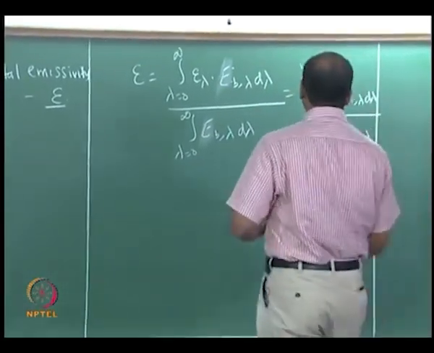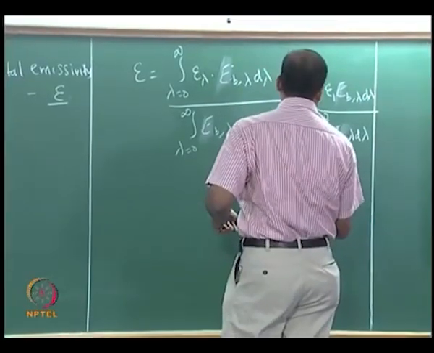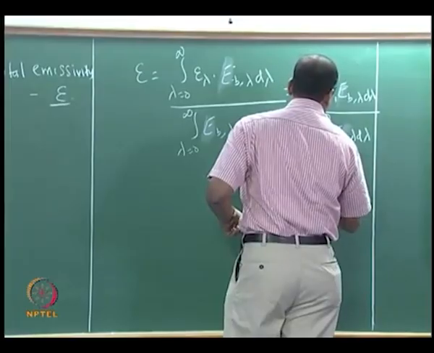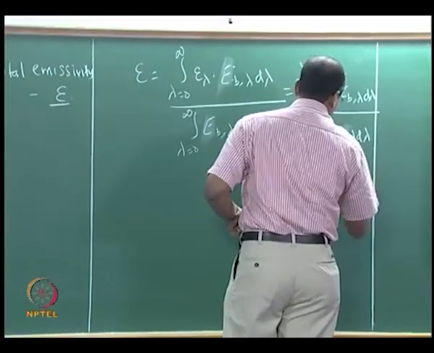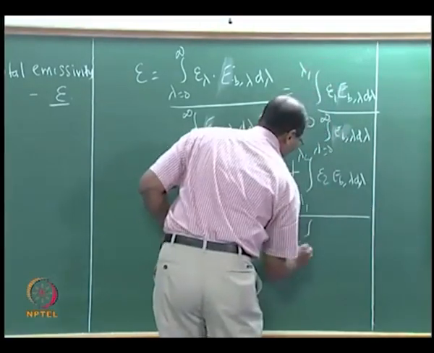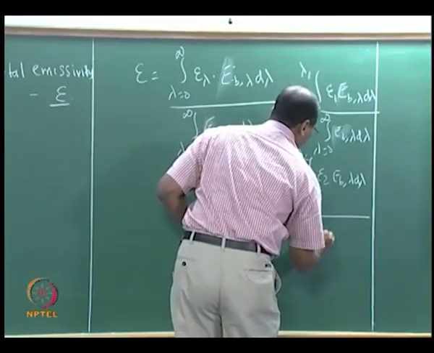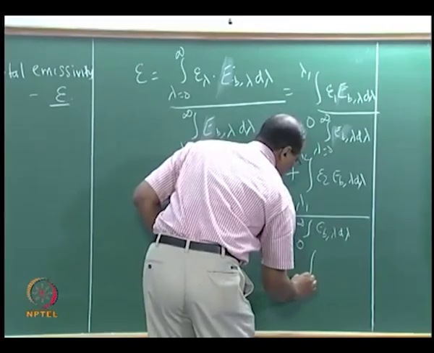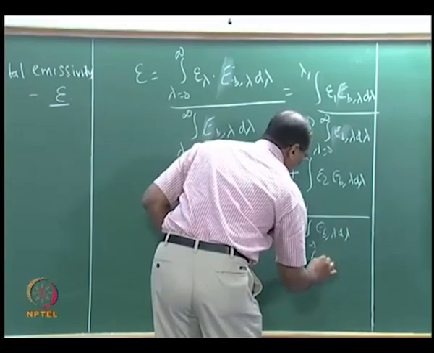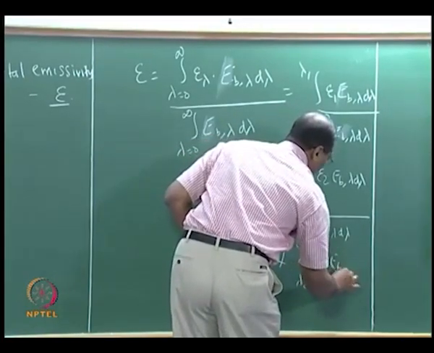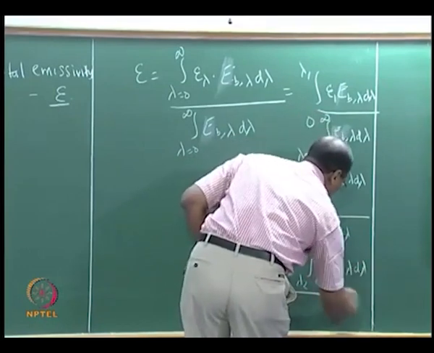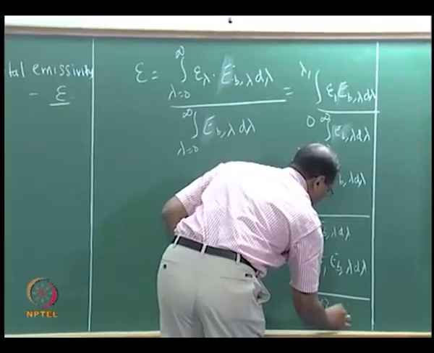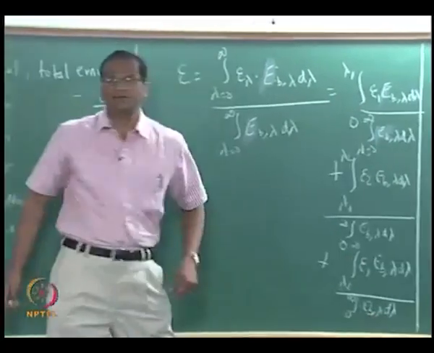Okay, so plus lambda 1 to lambda 2, plus lambda 2 to infinity epsilon 1. Yeah, please look at this formula.